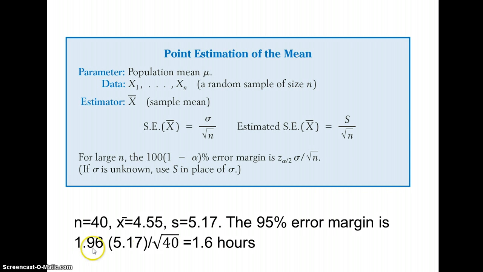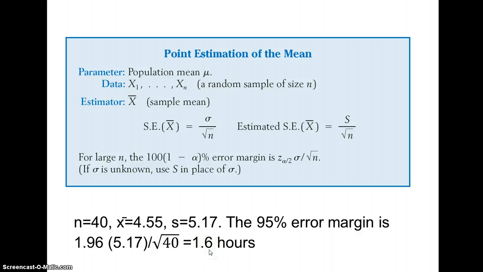So we take 1.96 for the z-score, times sigma. The population standard deviation is not available, so we use the sample standard deviation 5.17 to replace it, and divide by the square root of the sample size 40. So 1.96 times 5.17 divided by square root 40, and you can use a calculator to find it's 1.6 hours. So this 1.6 is the 95% error margin.